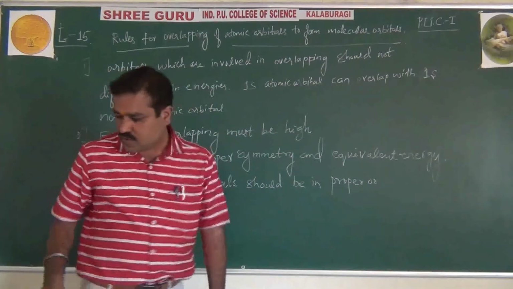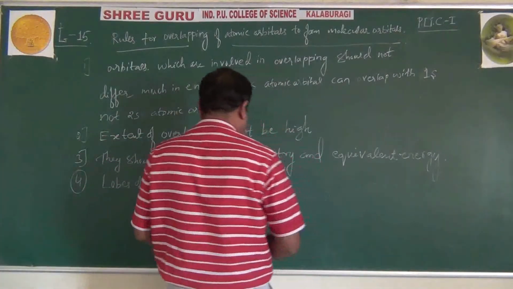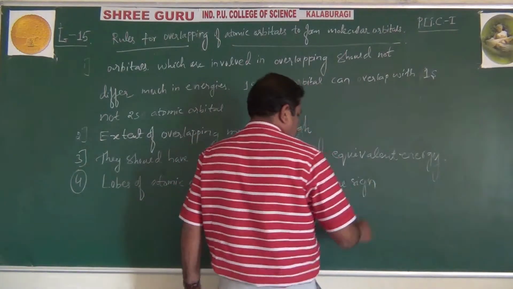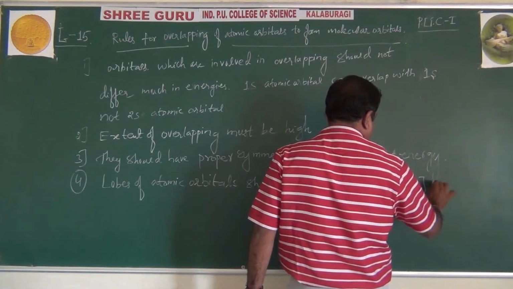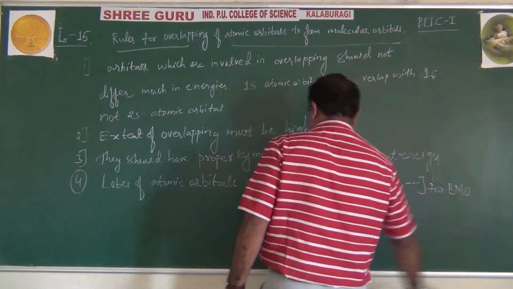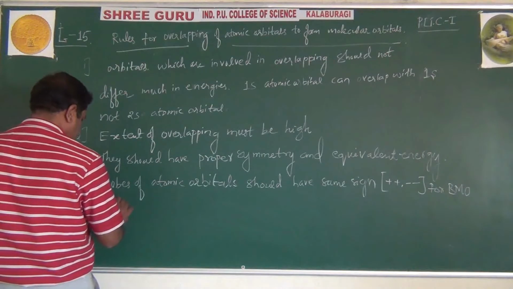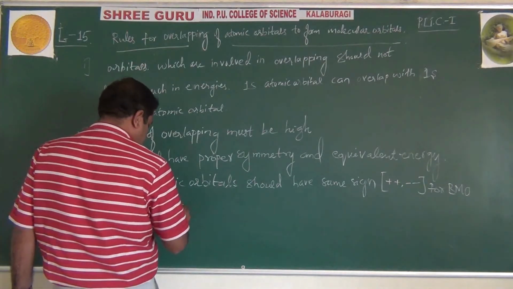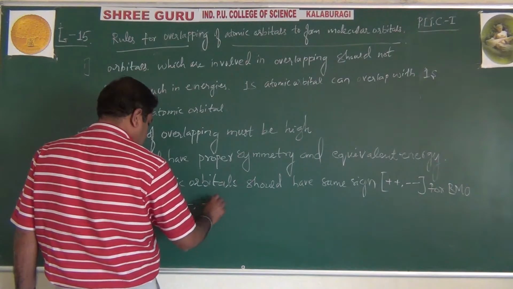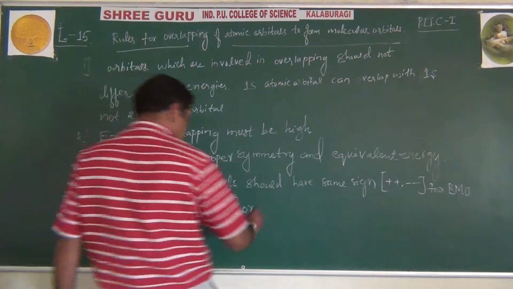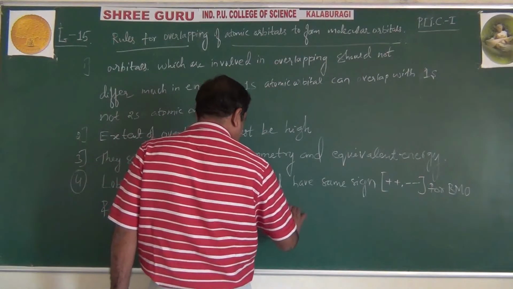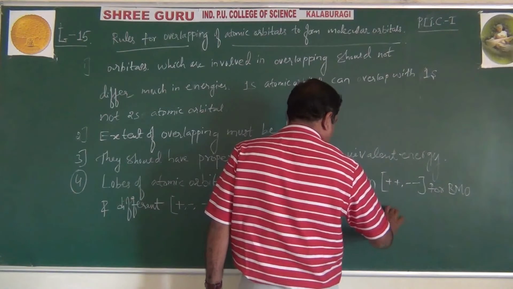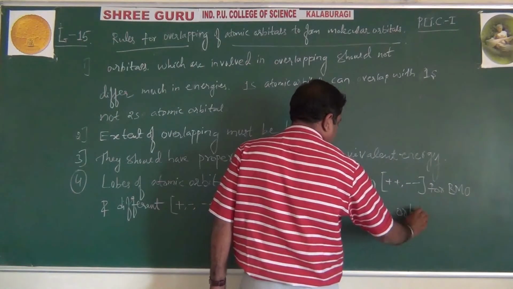The lobes of the atomic orbitals should have the same signs, that is plus plus, minus minus, for bonding molecular orbitals, and different signs, that is plus minus, for anti-bonding molecular orbitals.